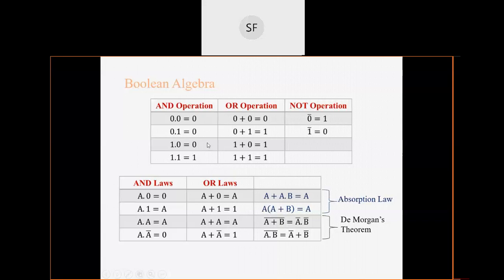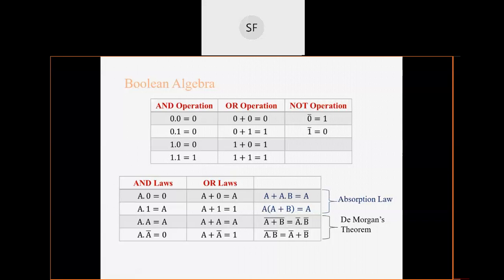So this is the AND operation. AND operation means, again I am repeating, just pay attention, the output will be high when both the inputs are high. If you have 3 inputs, then the output will be high when all 3 inputs are high.